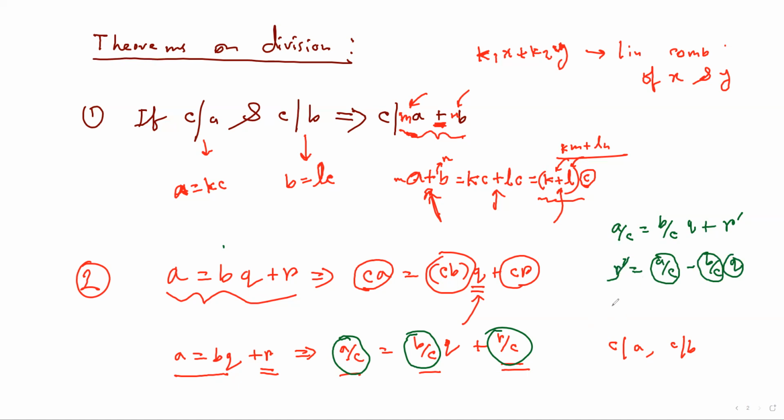In that case, this r by c has to be an integer, which means r has to be divisible by c as well. So in other words, in short, we can say that if a and b are divisible by c, r is going to be divisible by c as well.